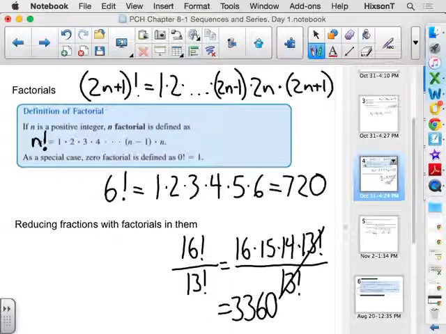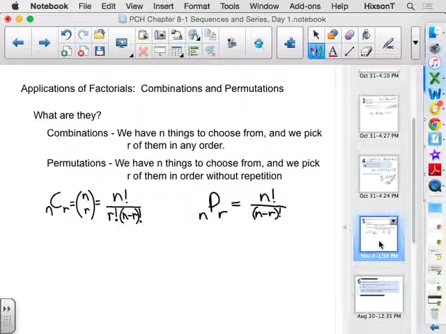So let's talk about the application that we'll run into this with the most, and that is combinations and permutations. With both of these operations, you could call them, we're dealing with picking out a certain number of items out of a total number of items.